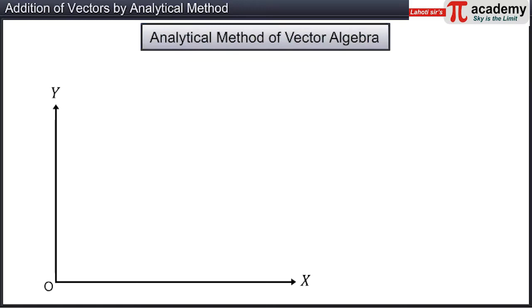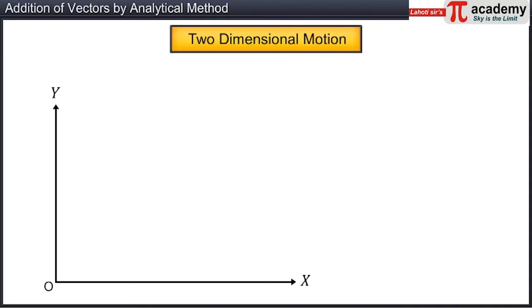First, we will discuss vector addition for planar motion or two-dimensional motion. When dealing with planar motion or two-dimensional motion, you need to resolve the given vector along i and j only. Now, consider a vector A on the xy plane.